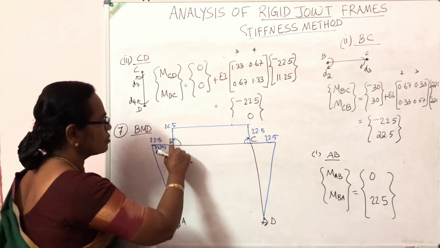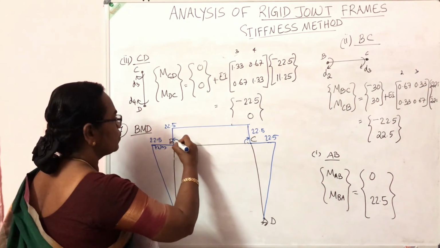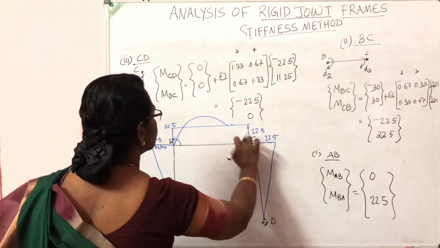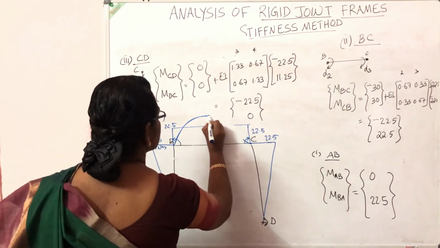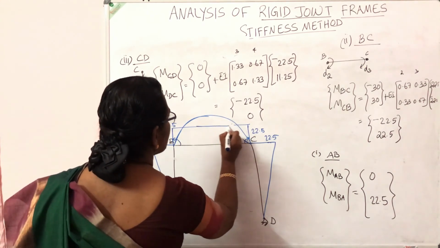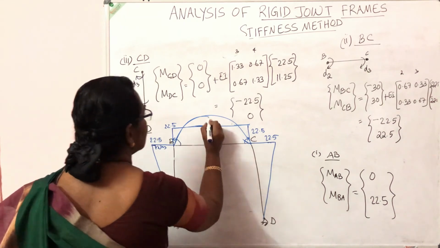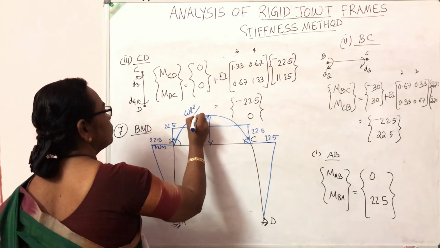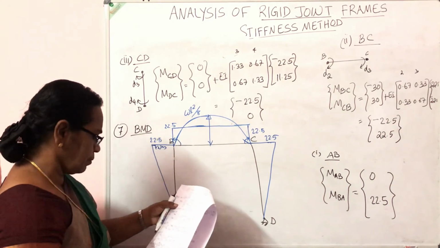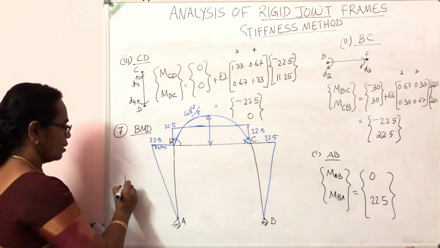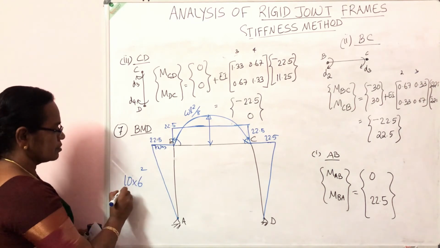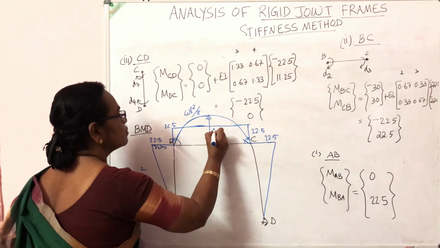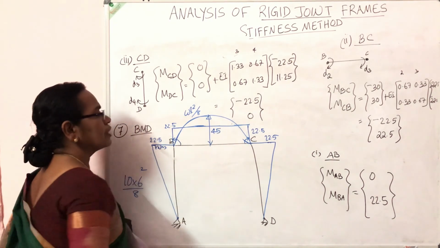Then on this span there was a UDL. So superimpose the simply supported bending moment diagram with the central value W L square by 8. W is 10 kilonewton per meter and L is 6, so W L square by 8 works out to 45. This is 45 kilonewton meter.